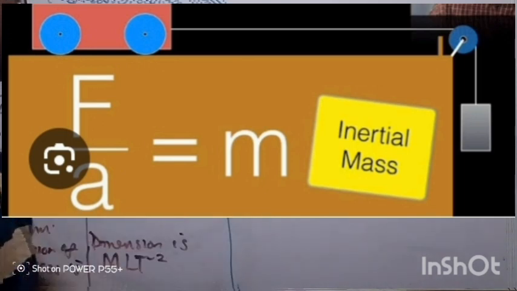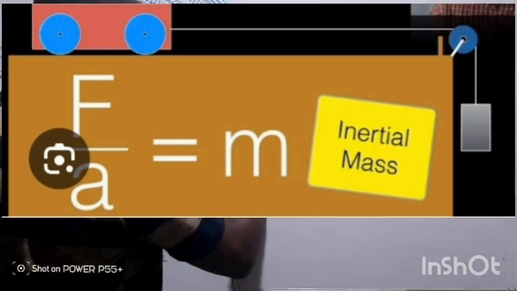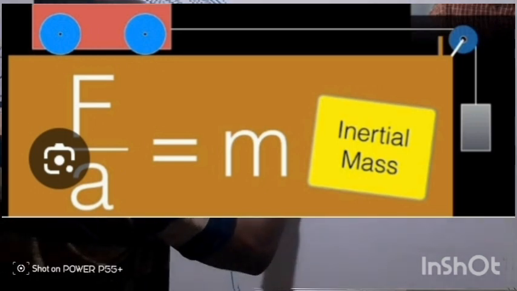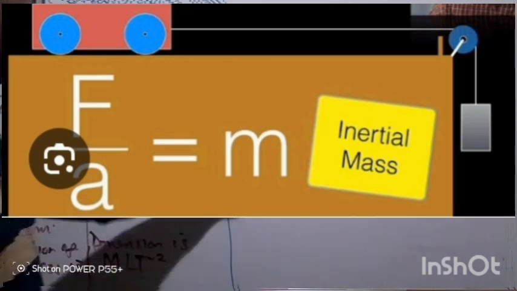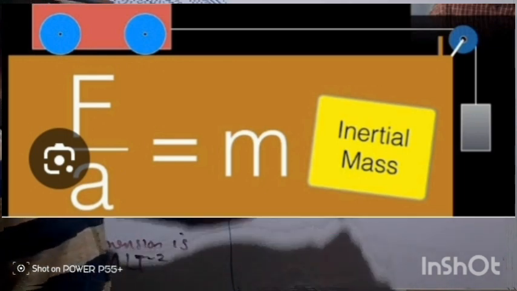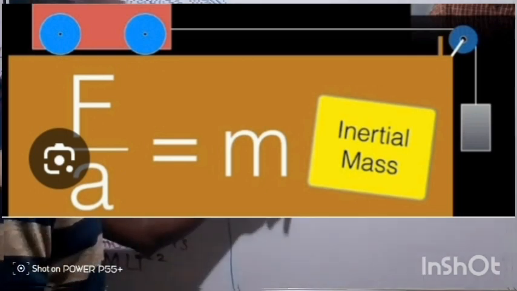And from that is where we got our formula that inertial mass M is equal to F over a. That is, the F represents the weight added for that trolley vehicle to accelerate. Then we consider the acceleration of the trolley vehicle.